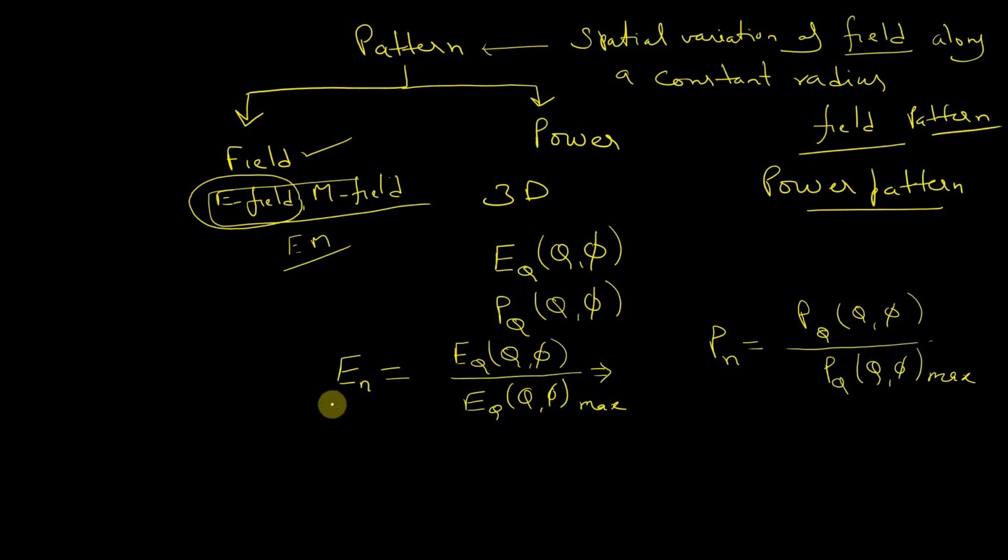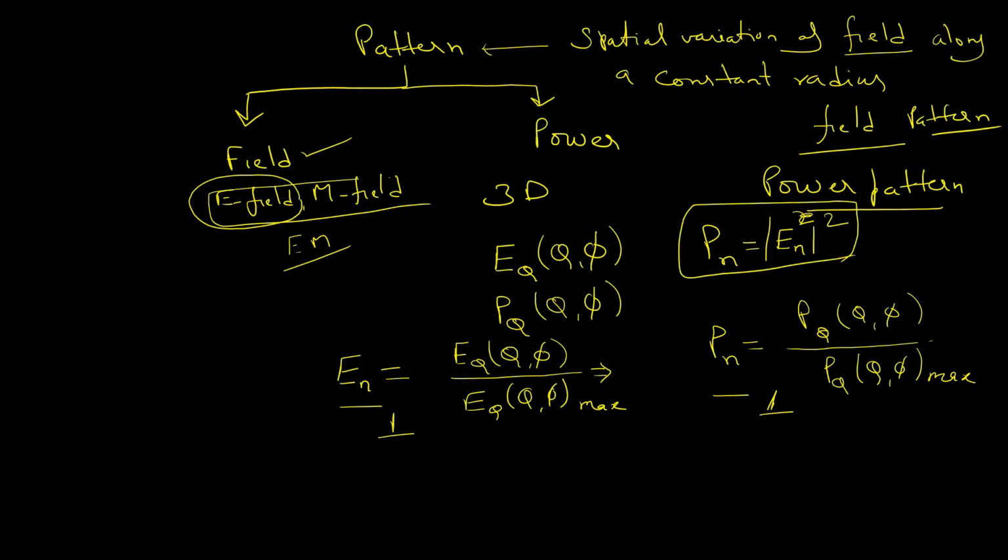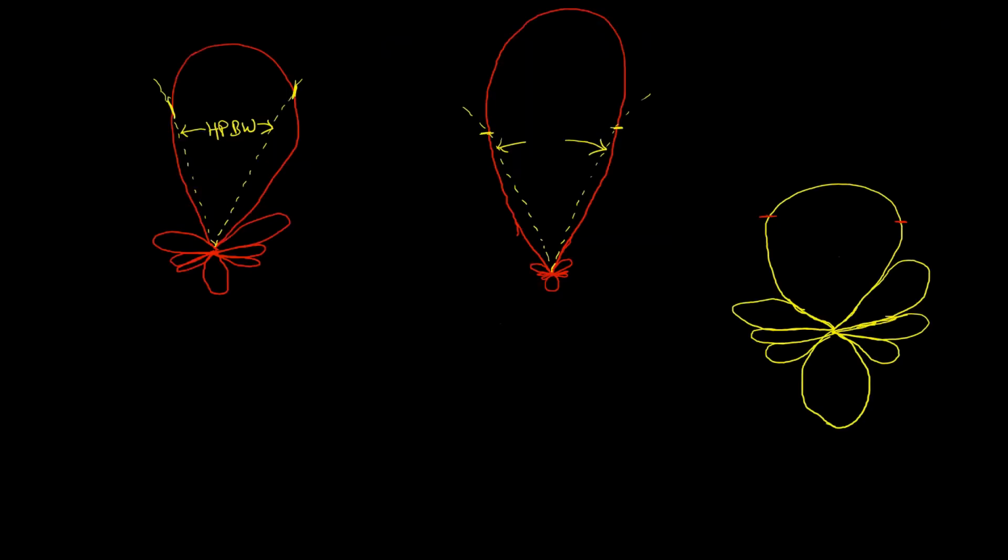This power is related with En as En square, take the modulus of this and square, that will be power. Now we can plot this 3D radiation pattern in 2D, and they look like this.